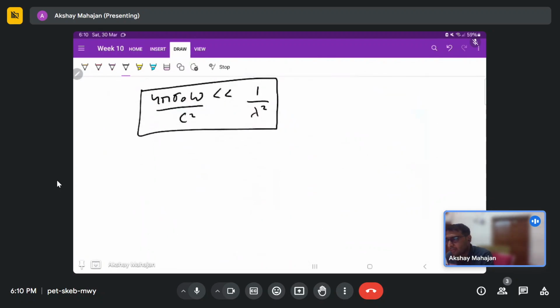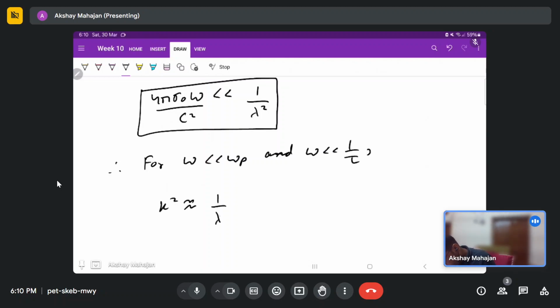So using both the conditions that were given to us, therefore, for omega much less than omega p and omega much less than 1 by tau, we can approximately write k square as 1 by lambda square.